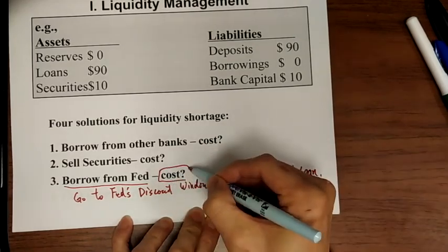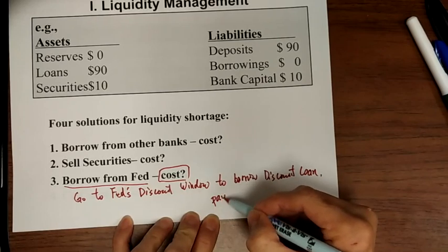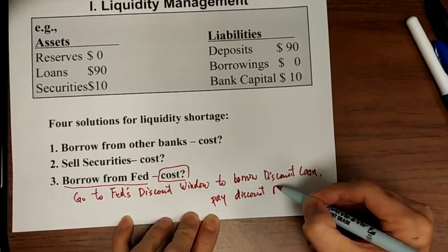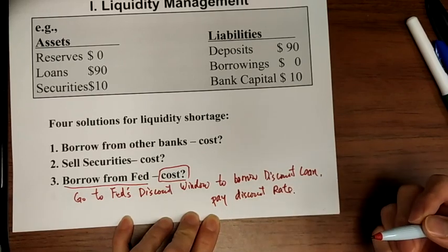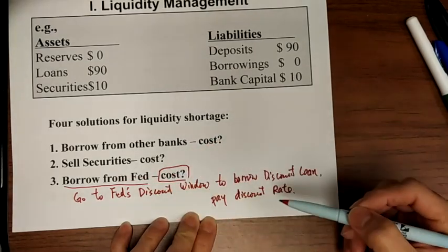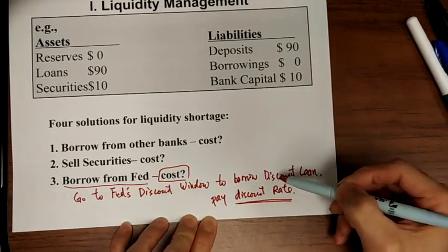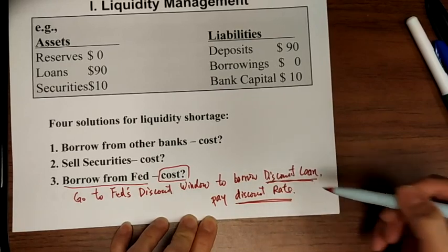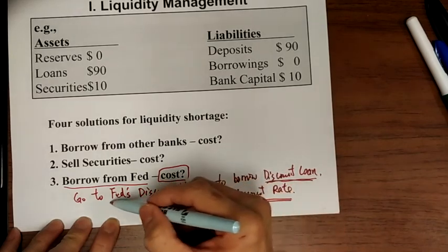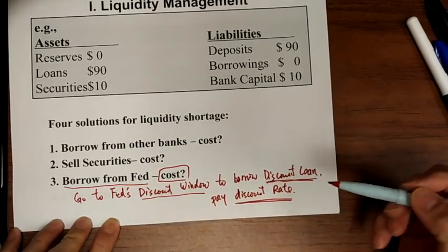Then what is the cost? You pay discount rate. So the cost for borrowing from the Fed is to pay discount rate because the loan that you borrow from the Fed is called discount loan because you go to the Fed's discount window to borrow discount loan.